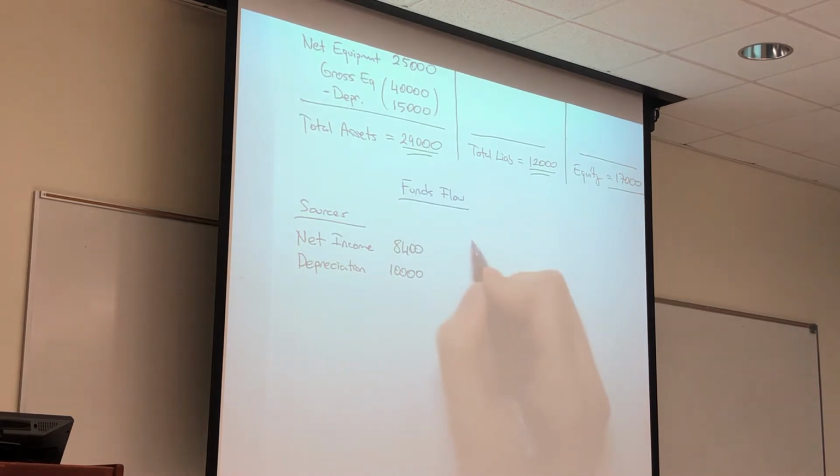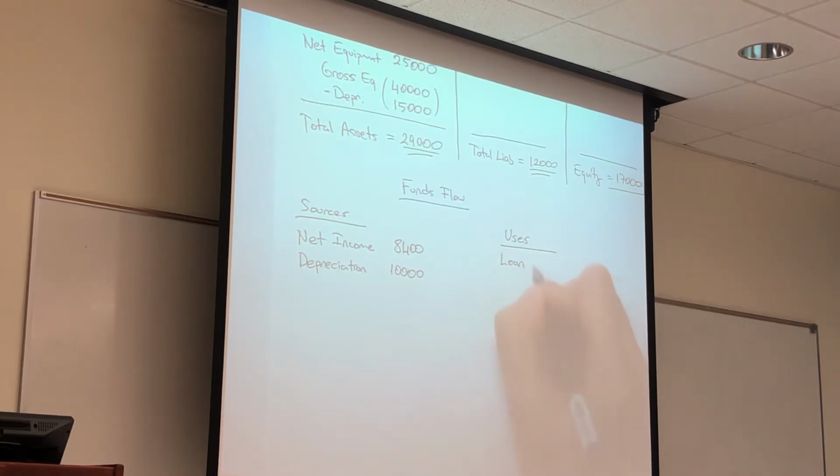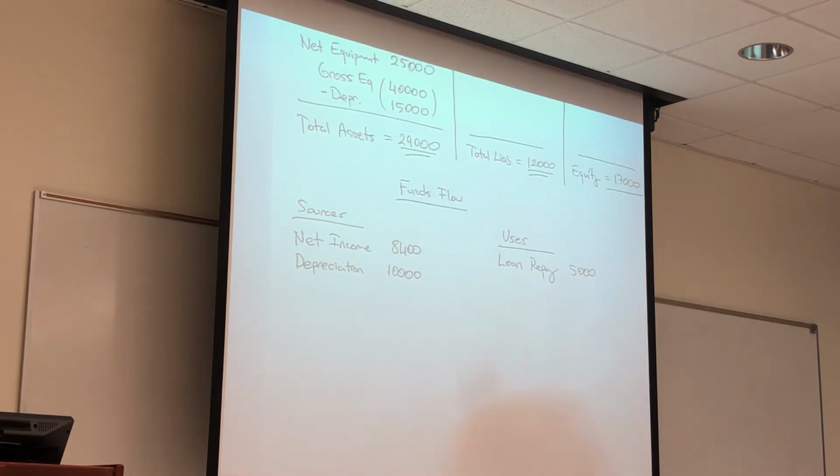Okay. Before writing the last thing, let's do the uses. Right? These are all fixed. Loan repay. We have a loan repayment of 5,000 listed here. And then what's fixed?